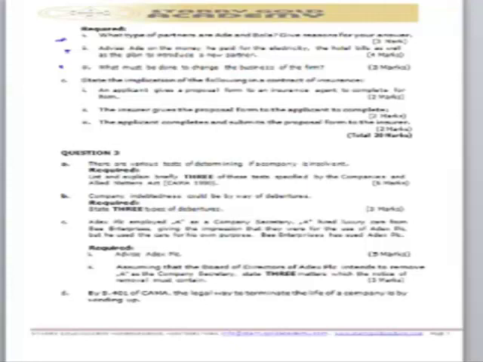A hired a luxury car from B Enterprises, giving the impression that it was to be used by Ade PLC, but he used the car for his own purpose. So B Enterprises has sued Ade PLC. Advise Ade PLC.